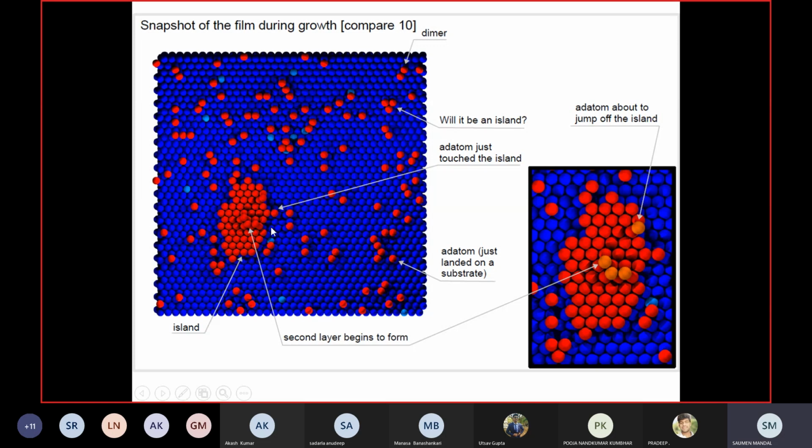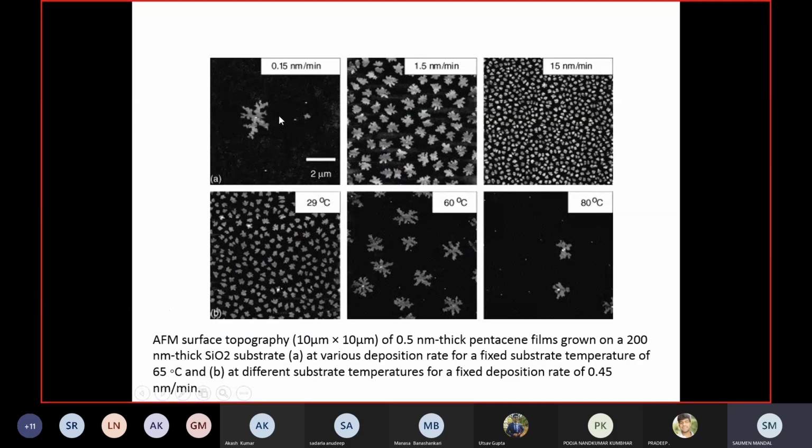Now, when we talk about surface coverage, there is another question that you didn't ask; I thought you would. In this case, there is no film. How is it written as a 0.5 nanometer thick pentacene film, because it's only a few islands, right?